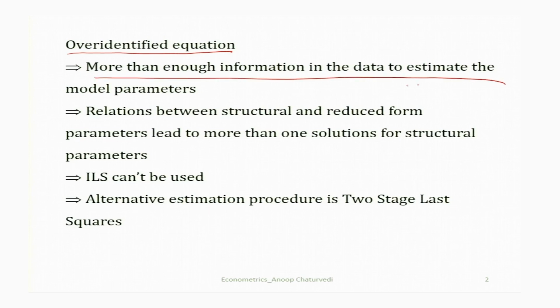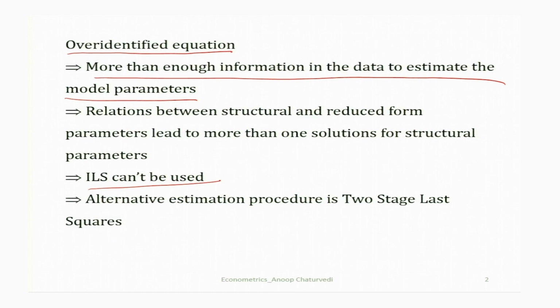Suppose a particular equation is over identified, then it means you have more than enough information in the data to estimate the model parameters. And if you look at the relations between the structural and reduced form parameters, and if you solve these relations for the structural parameters, then it leads to more than one solution for the structural parameters. And since you are getting more than one solution, if you apply the indirect least squares procedure, then you get more than one estimator. So, the indirect least squares estimator is not unique, so it cannot be used.